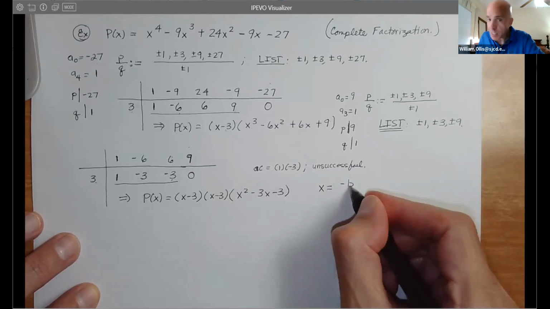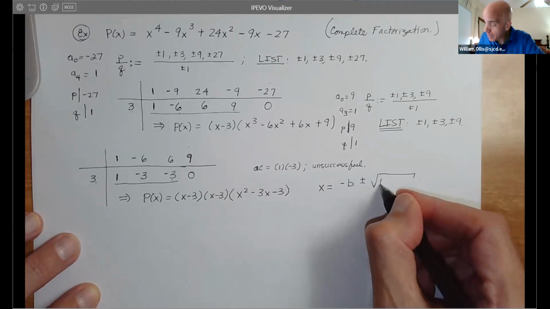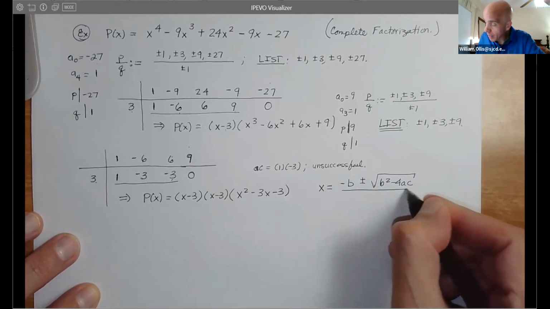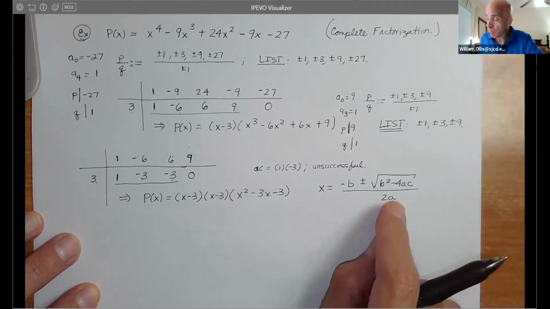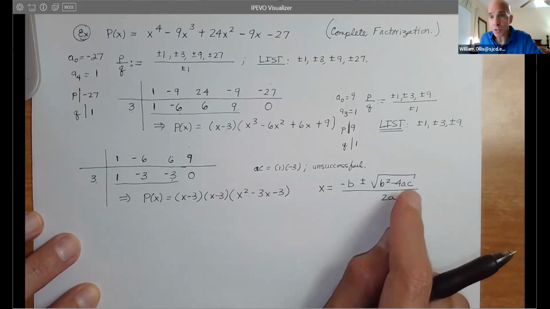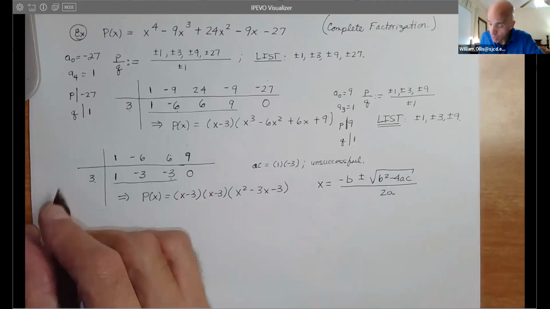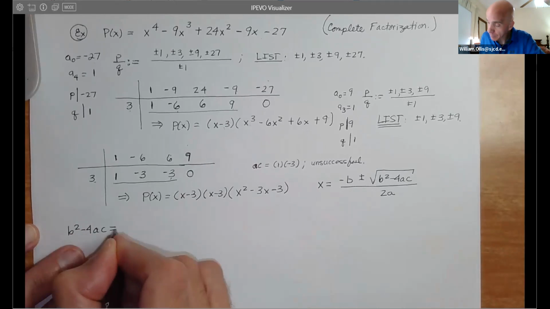Remember, that's the opposite of b plus or minus the square root of b squared minus 4ac divided by 2a. So we want to use this, but remember, Professor Ron's method is to do the discriminant first so we don't fill this up with too many numbers. So b squared minus 4ac.